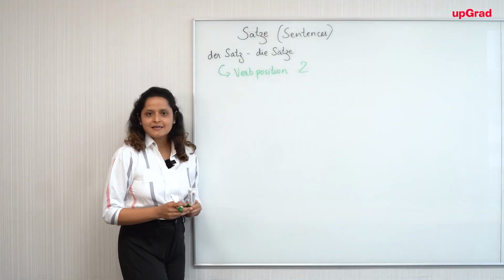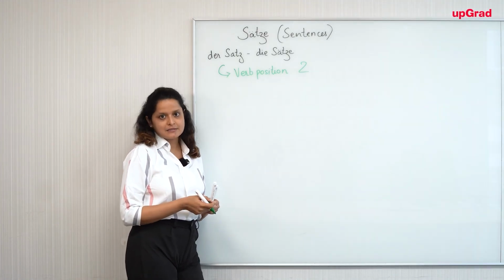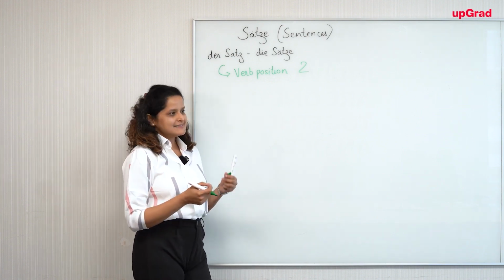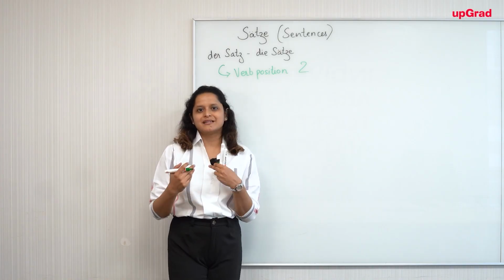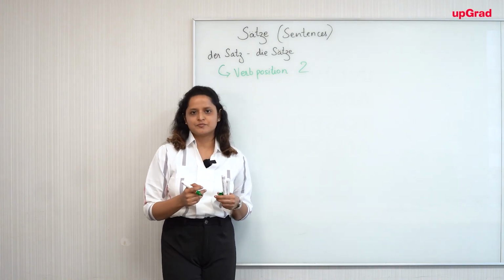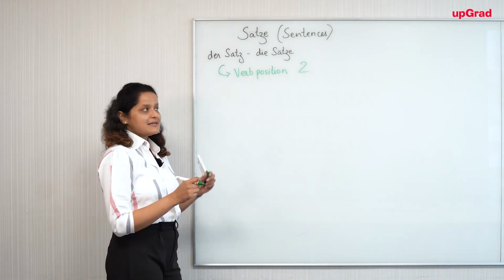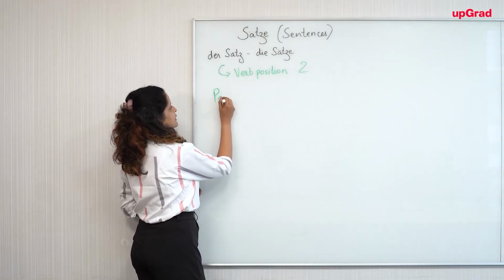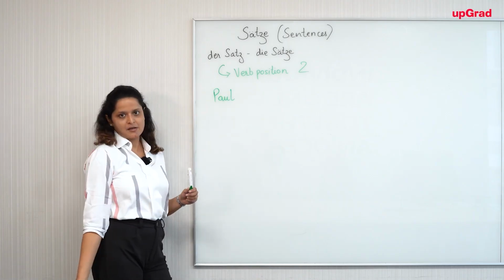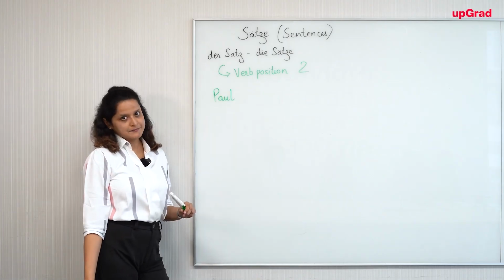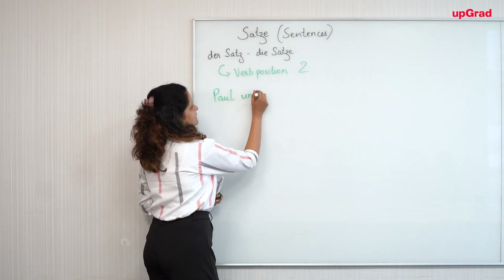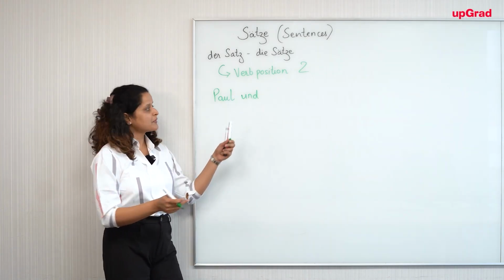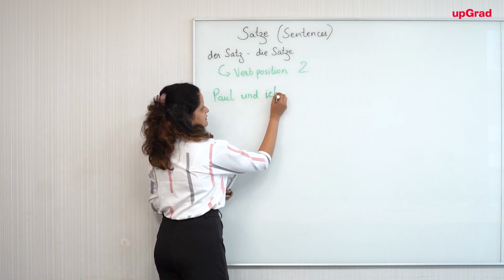Okay, so now let's take an example with the plural pronouns using the verb spielen, which means to play. So let's just say ich is the first person, that is when I play alone, I will use ich. But now let's say I am not alone. We use the noun Paul. So I have a friend named Paul. Und is and. So when you're combining two things, you use und. Paul und ich.